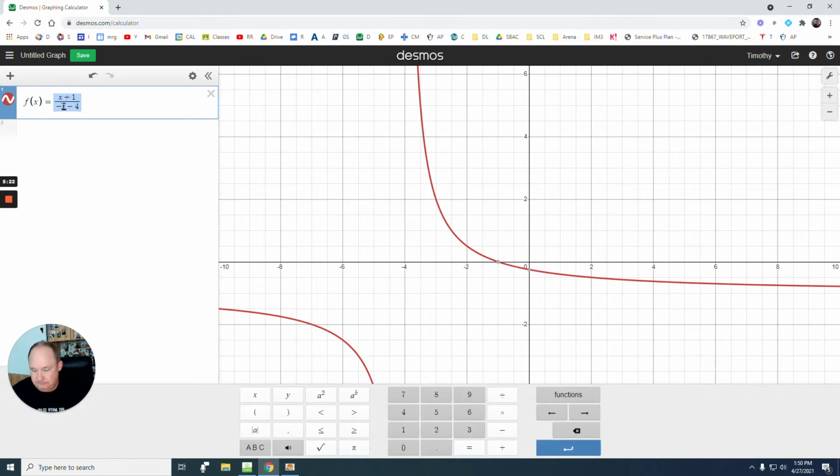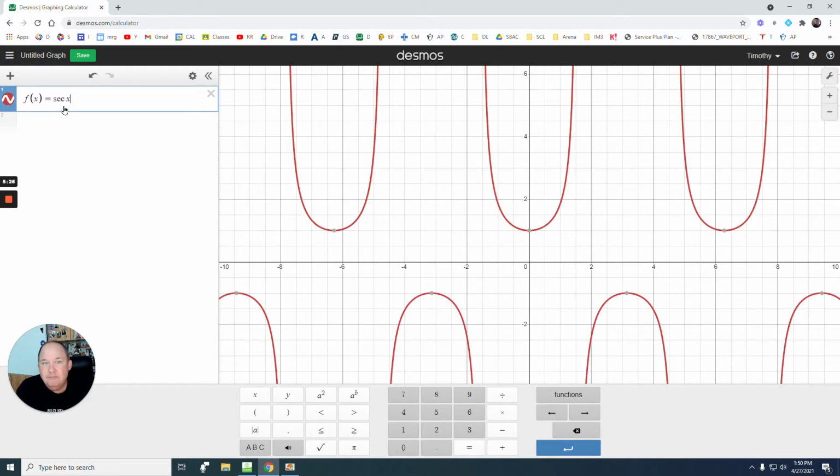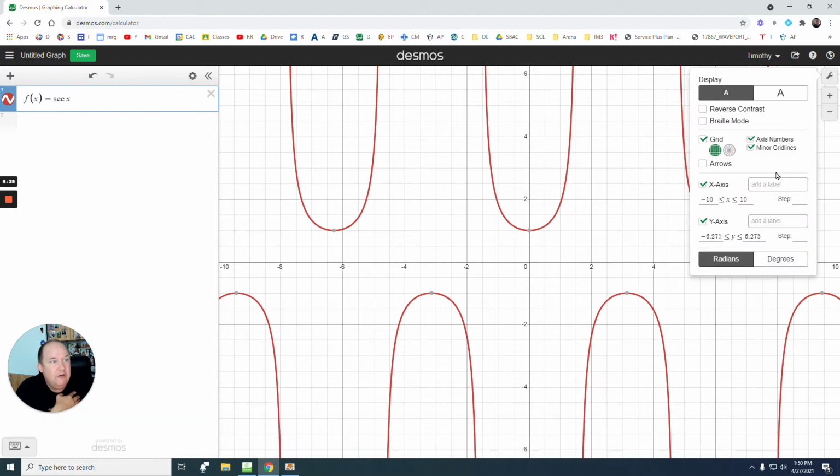Secant x. Remember what secant x looks like. What's the value at pi over 2, which is the first asymptote? You can change your scale to see it better. Where's the scale here, the step?